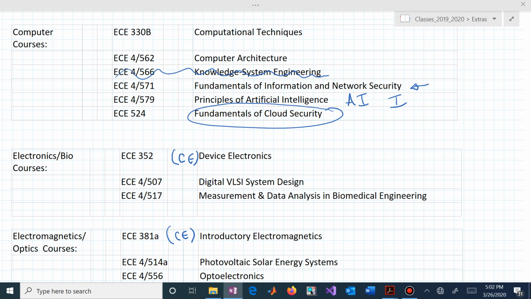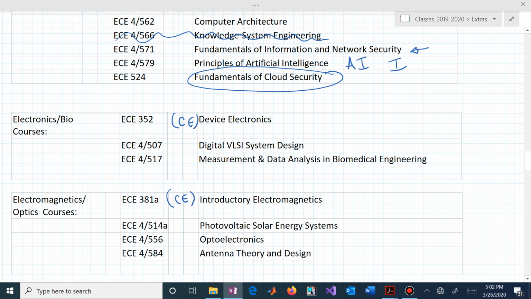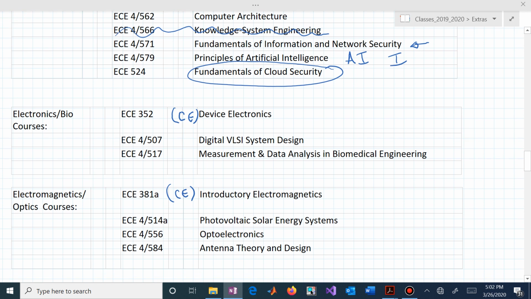How do you know what's being protected, what's secure? That's the kind of information that you will learn and skills you will develop in 524. Again, that's a graduate class, so you will have to have the appropriate GPA in order to step into that.